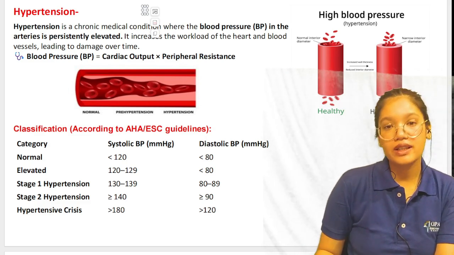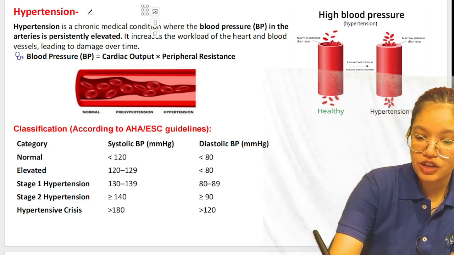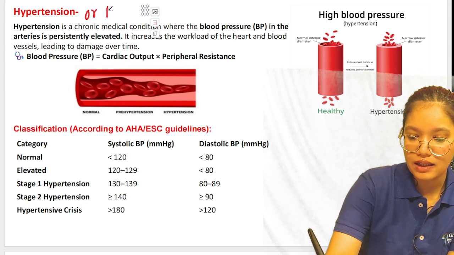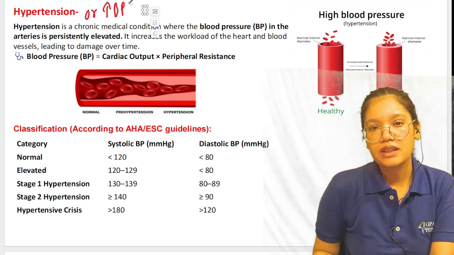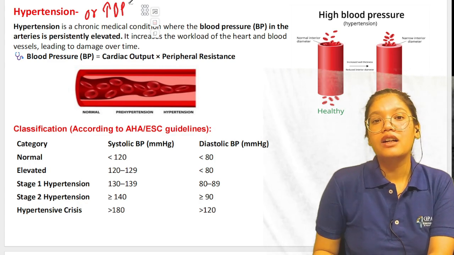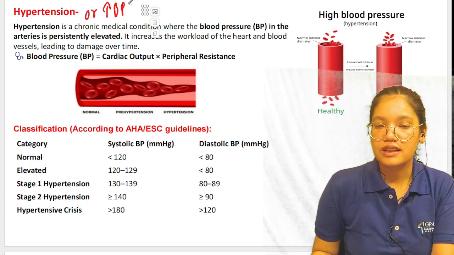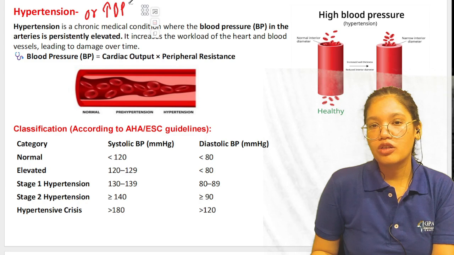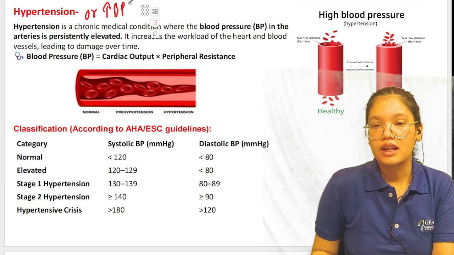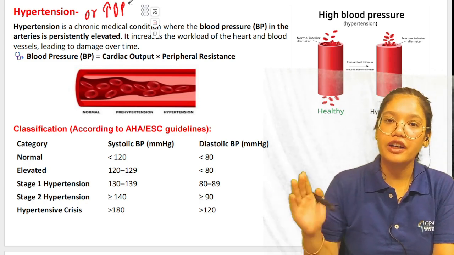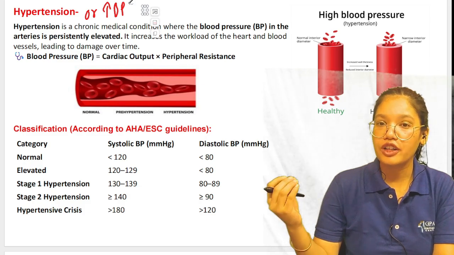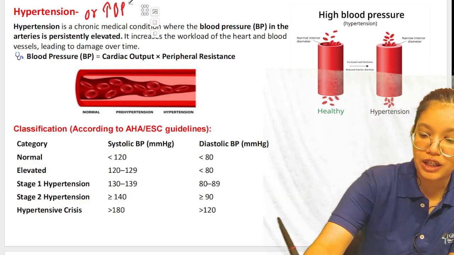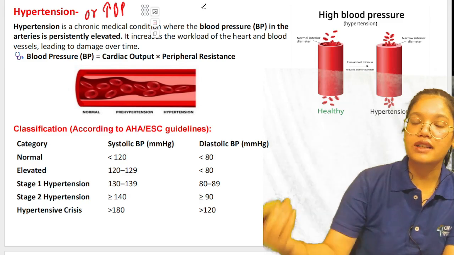Now, what is hypertension? Hypertension can also be called elevated blood pressure. So, what happens in hypertension? Basically, the pressure of the blood inside the vessels increases. It starts pushing the artery walls, and due to that pressure the artery walls get damaged.